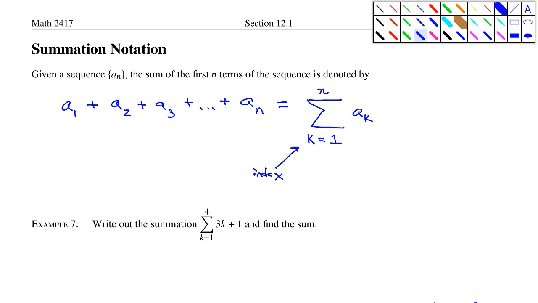It doesn't matter what the index variable is. This is representing an idea and a position holder. At the bottom you have the start number, and at the top you have the ending number. And then we have the expression to use. So this says take the index numbers for a sub k, start with 1, and add them up going all the way through a sub n.